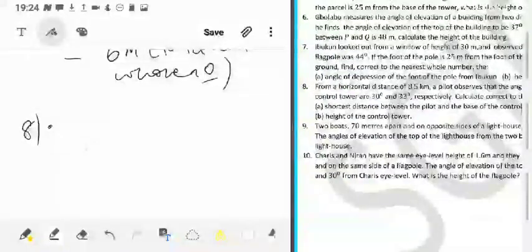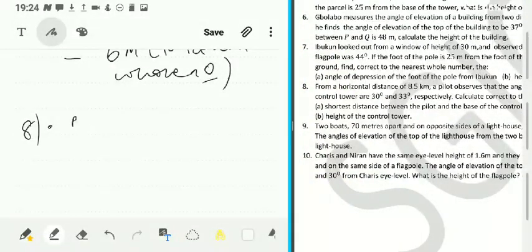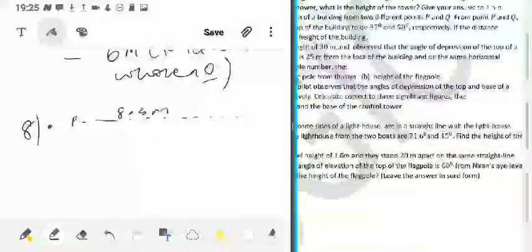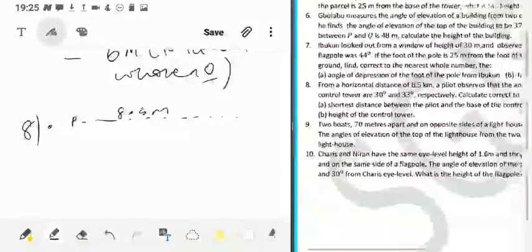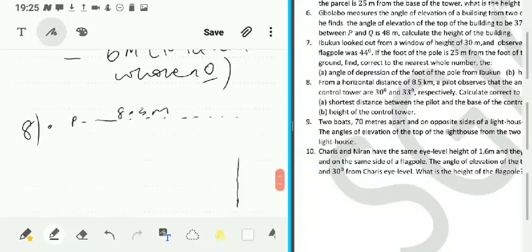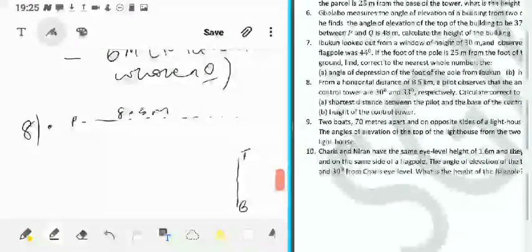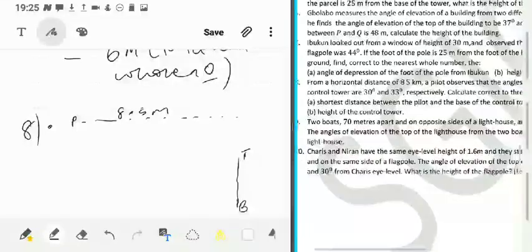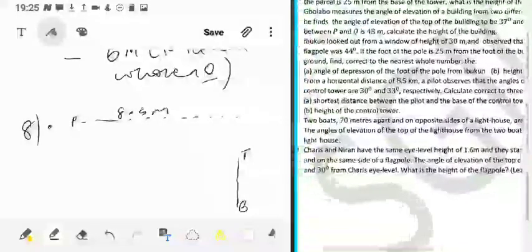Okay, so if this is the pilot here, a pilot is always up above. This is quite similar to what we saw before. The top and the base of a control tower are what? 30 and 33 degrees respectively.